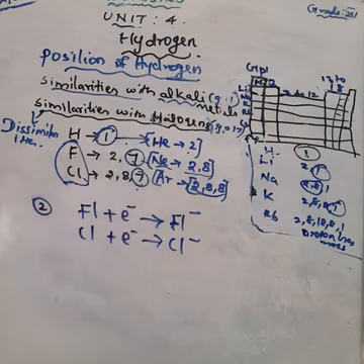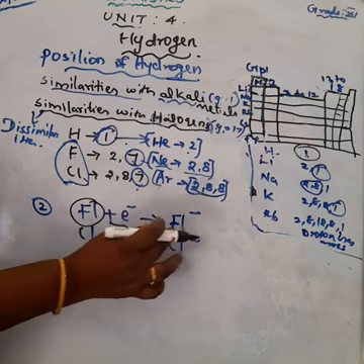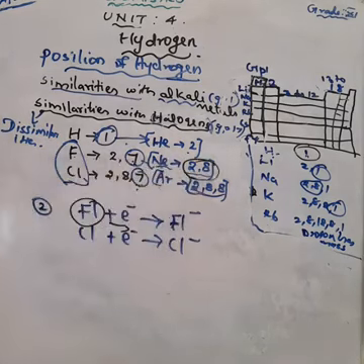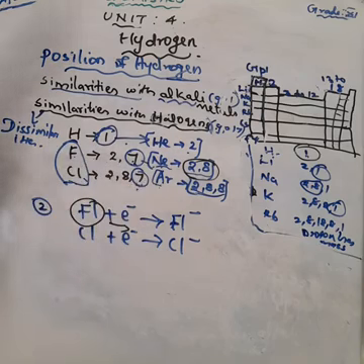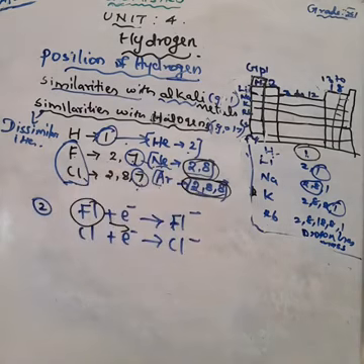So all the halogens try to gain one electron to get the nearest noble gas. Fluorine tries to get one electron to reach the nearest noble gas, neon. Chlorine tries to gain one electron to form the nearest noble gas configuration, argon.